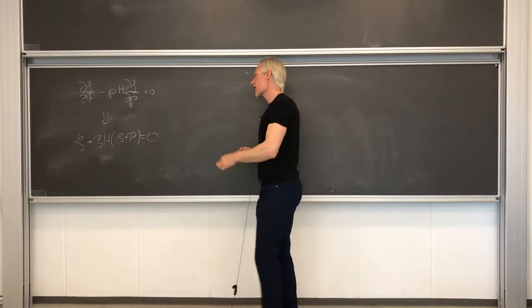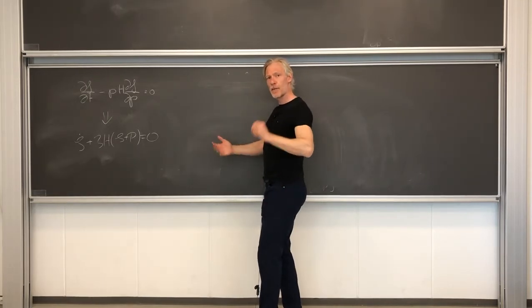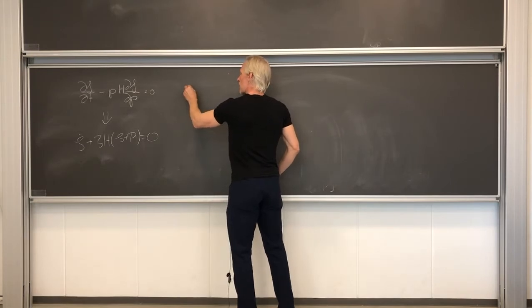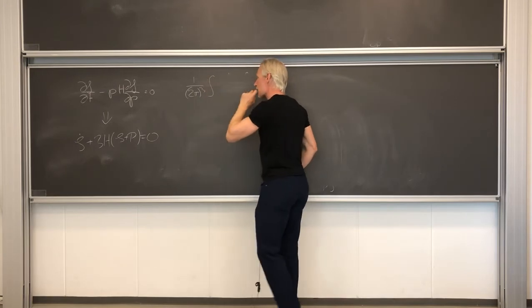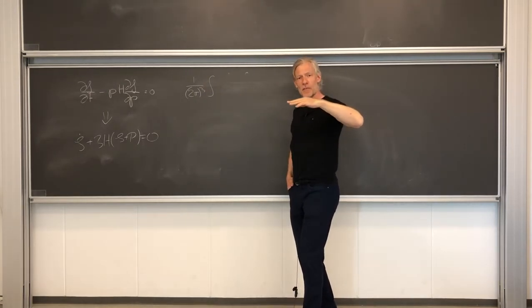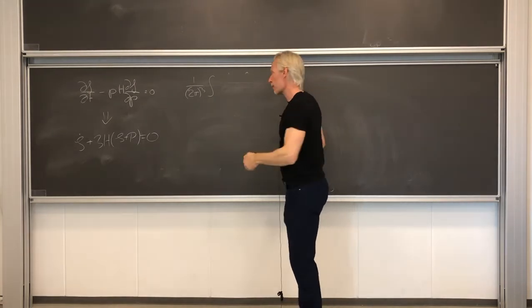So using exactly the same type of machinery that we did for this number conservation, we can do exactly the same thing. So the question is, how should we write it out? The answer is we should just take not the very lowest moment of the Boltzmann equation, but the one where we multiply with energy.